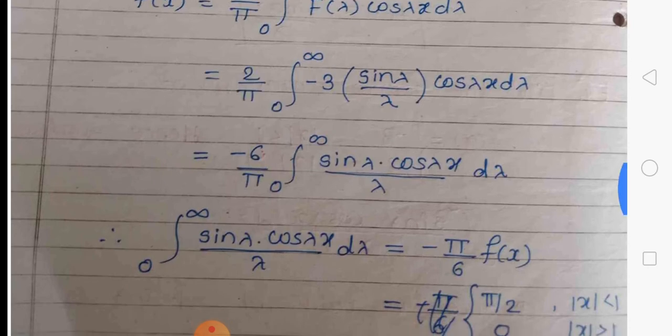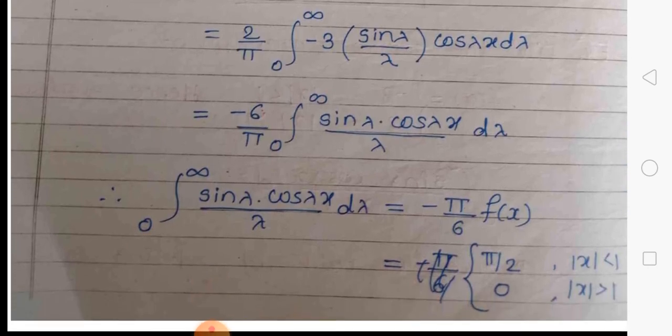Now we put the value of the function f of x. Here the value of the function is minus 3 if mod x is less than 1. Therefore, minus 3 into pi by 6, minus pi by 6 times minus 3, we get pi by 2. Therefore, the value of the integration is pi by 2 if mod x is less than 1 and the value is 0 if mod x is greater than 1.